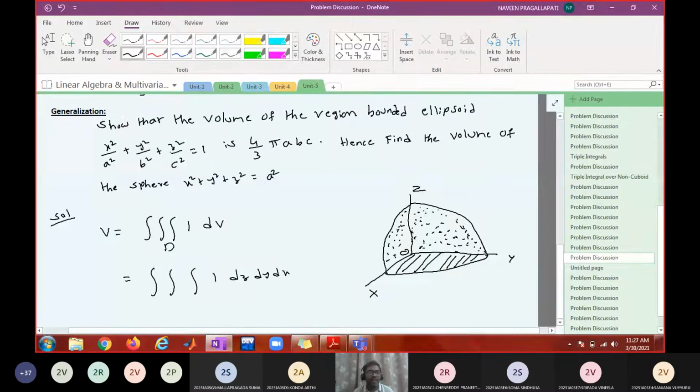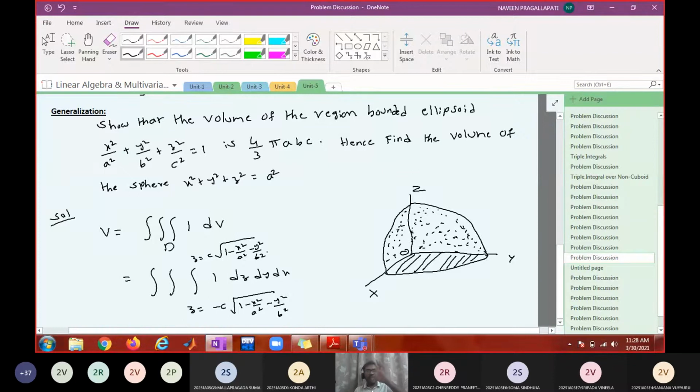If you are trying to solve for z in terms of x and y, then z will be varying from minus c into root of 1 minus x square by a square minus y square by b square, to plus c into root of 1 minus x square by a square minus y square by b square.